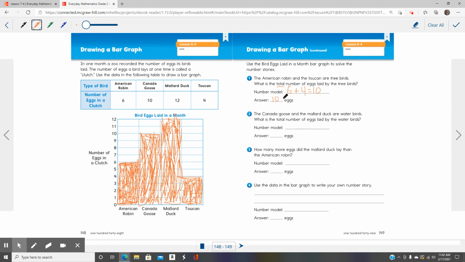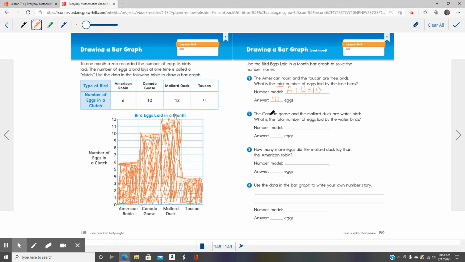Okay, so that is just one example of how you would use the bar graph to answer these word problems. Guess what? You're going to do the rest on your own. Read each problem carefully. Try to figure out what they're asking and if you need to add or subtract.